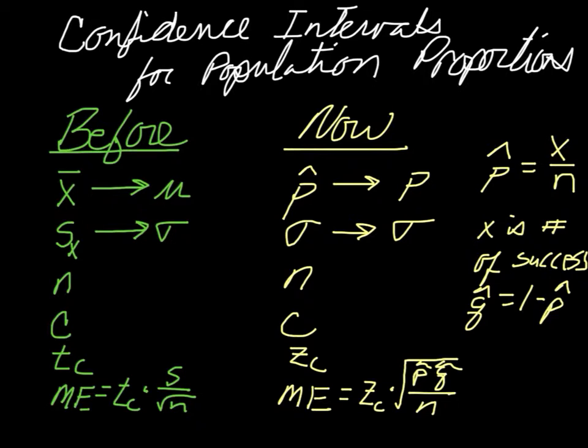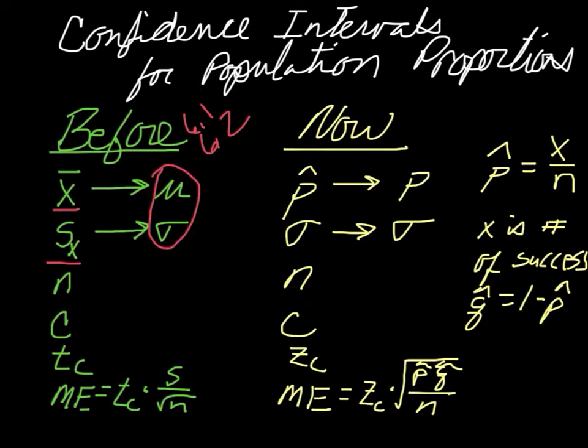What I'm going to do is talk to you a little bit about before and after what we've done up to now. So before, in sections 6.1 and 6.2, we used the sample mean and the sample standard deviation to help estimate.